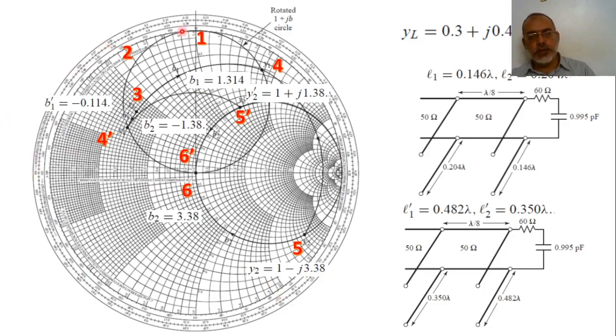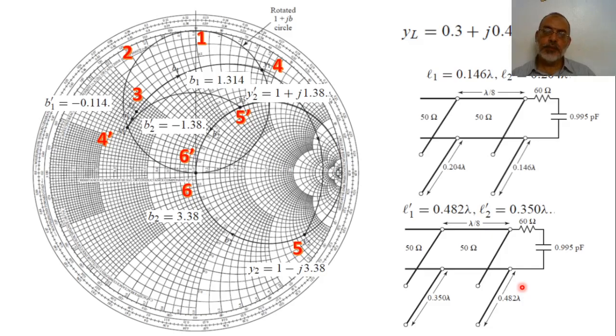All this distance is around 0.350 lambda. So this is the length of the first stub, and this is the length of the second stub, and this is the second solution.